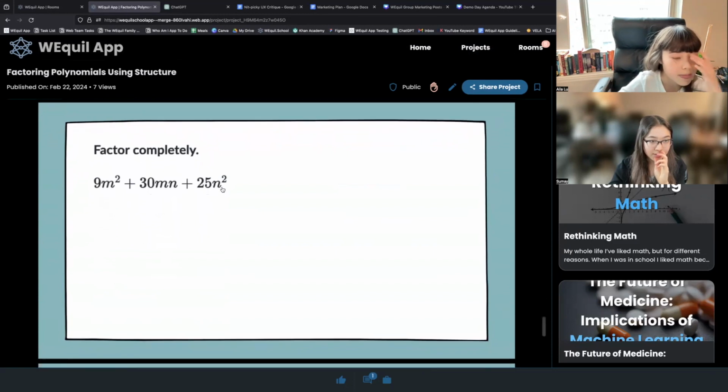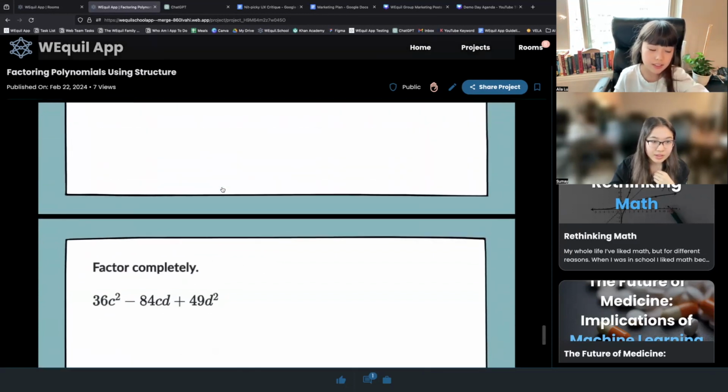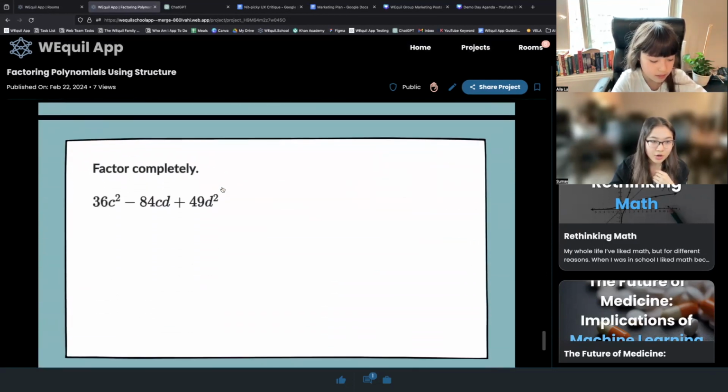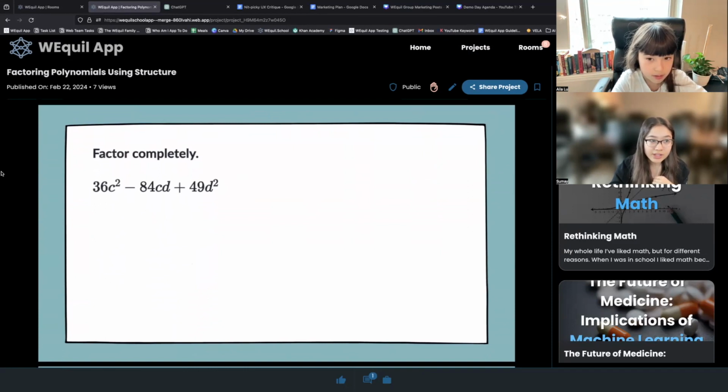Now we'll just take this example here. And so how do we factor this? We know that this is going to be a binomial of u minus v squared.